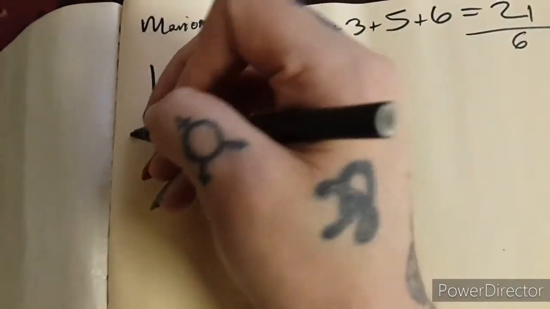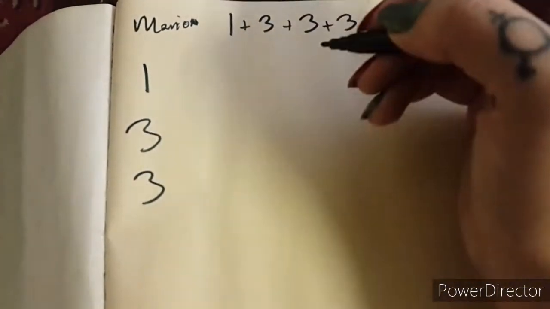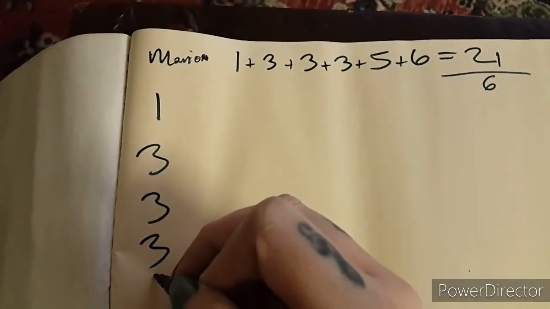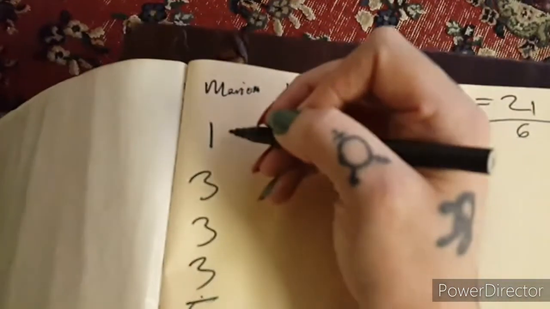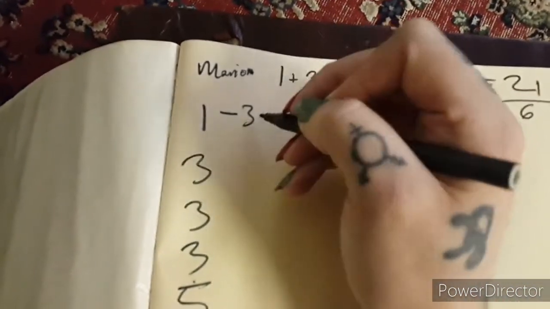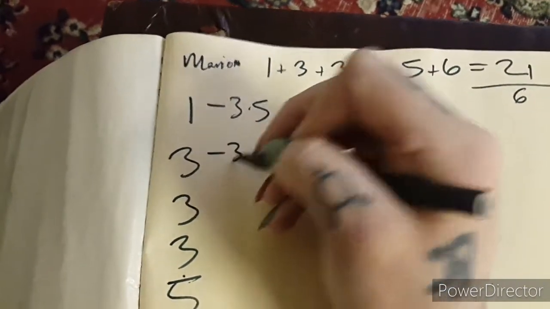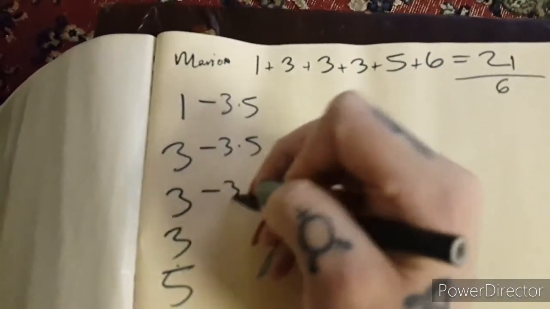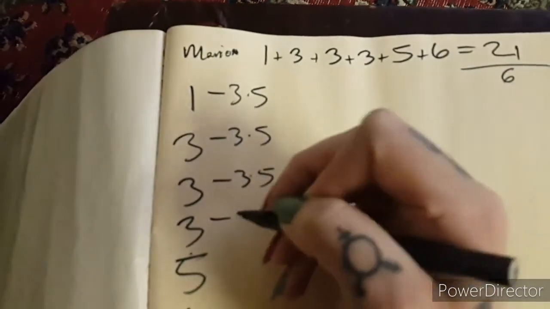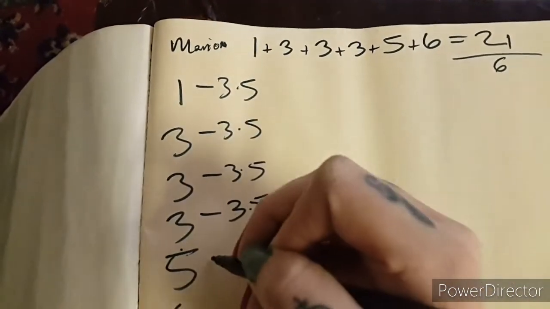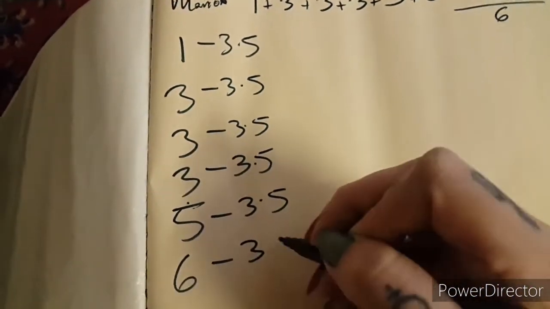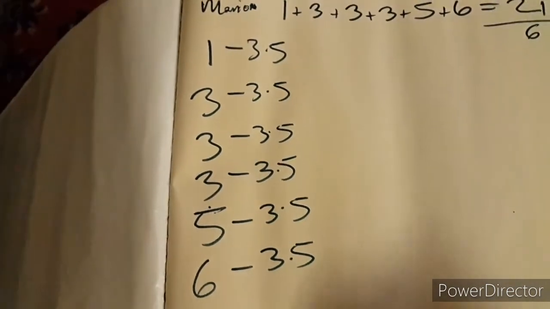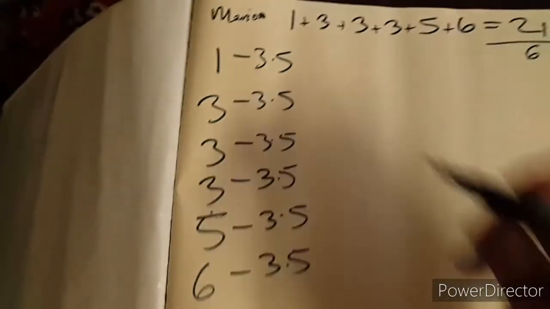So, taking Mario as an example here, we've got 1, 3, 3, 3, 5, and 6. So 1 minus 3.5, 3 minus 3.5, and then we have to square those results as well.